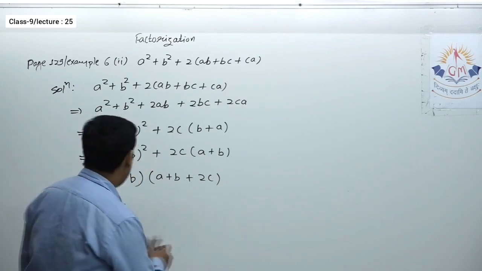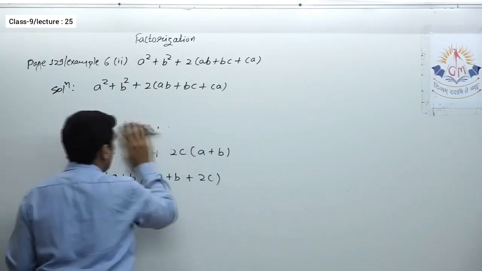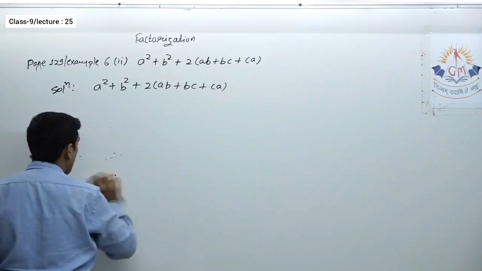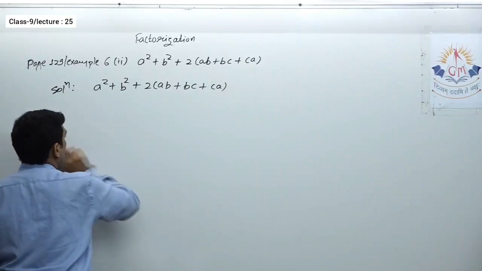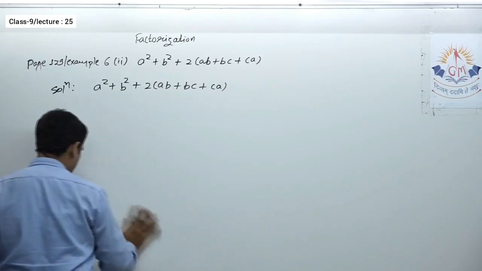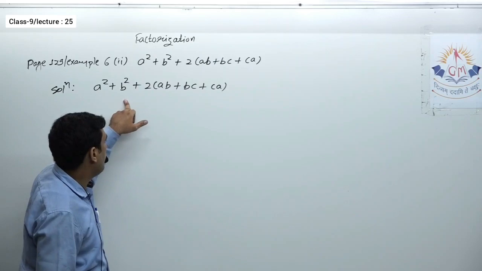Okay, now let us see another way to find the factors of this same expression. As I told you, there are more than two ways. Okay, so this is the question. Now see, we have a square plus b square.